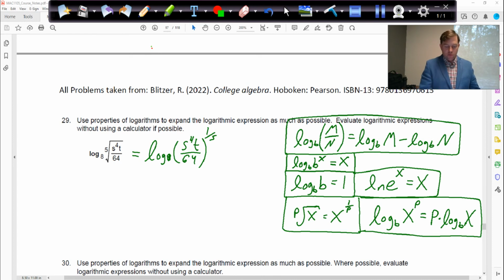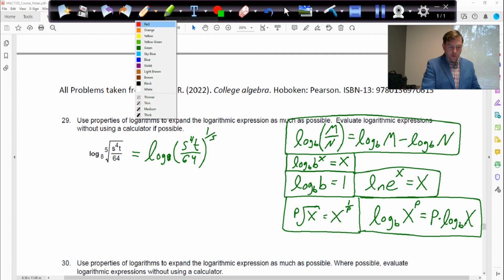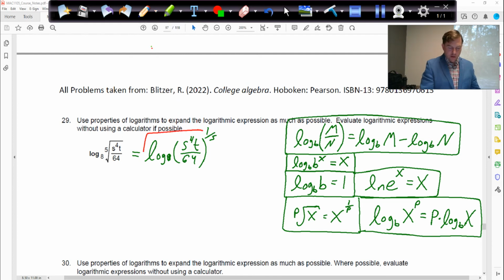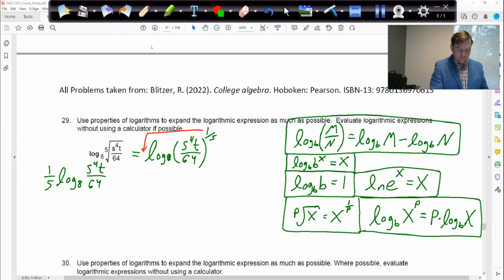So it'll be 1/5 of the power. Then we're going to bring that power out in front. So we're going to have 1/5 log base 8 of s to the 4th times t all over 64.